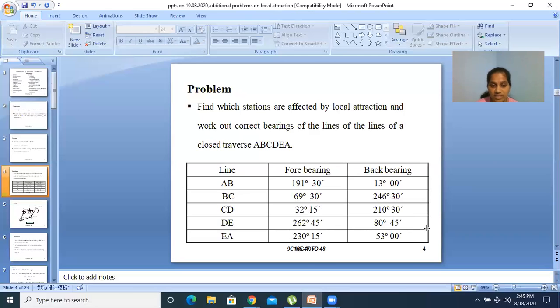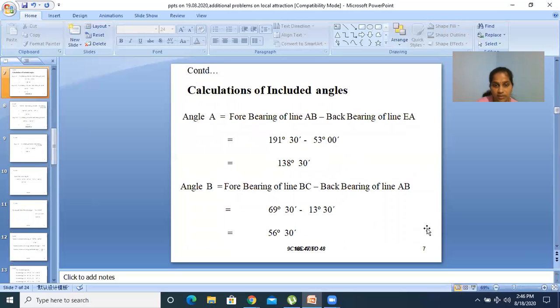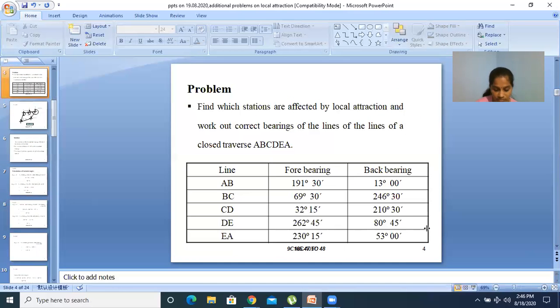For line AB, the difference between forebearing and back bearing is 178 degrees 30 minutes.